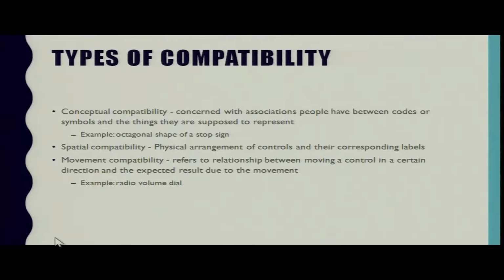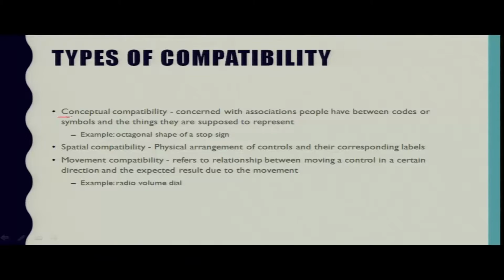Here there are basically three types of compatibility that can be distinguished, all of which are relevant in response selection and response execution. First is conceptual compatibility, second is spatial compatibility, and third is movement compatibility.